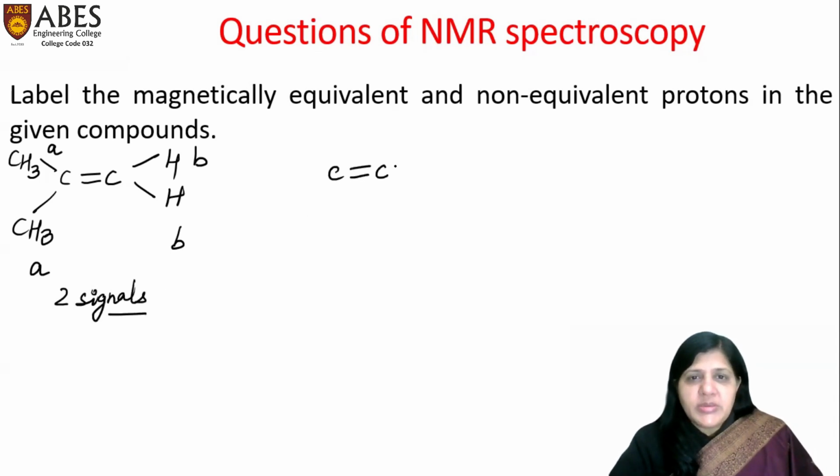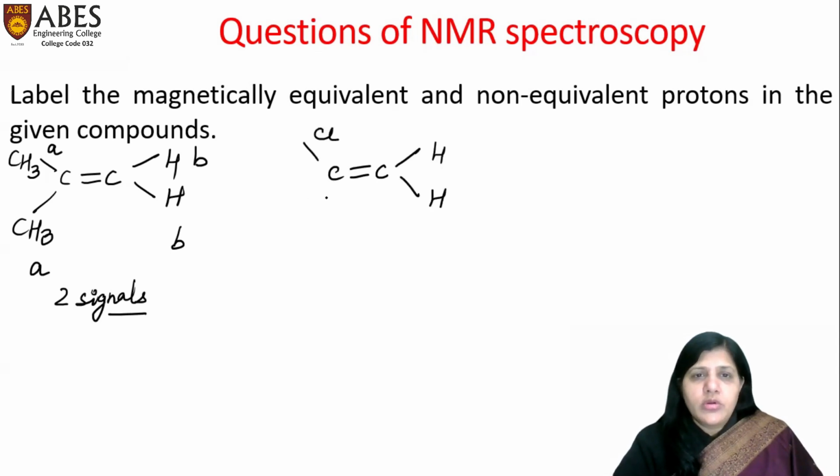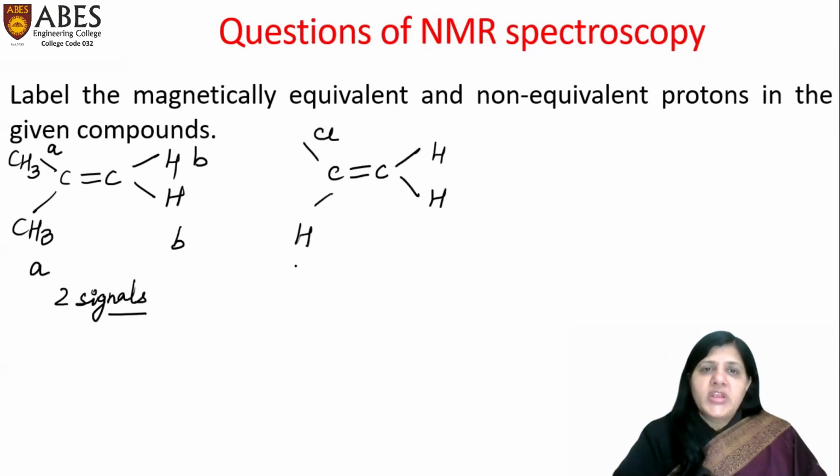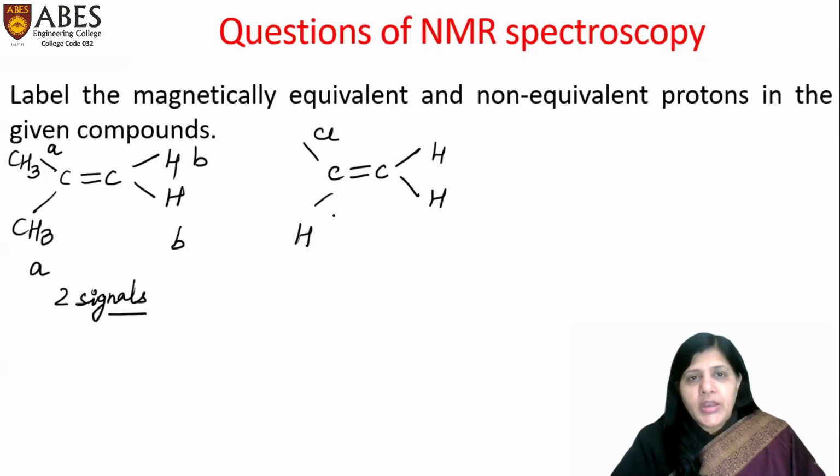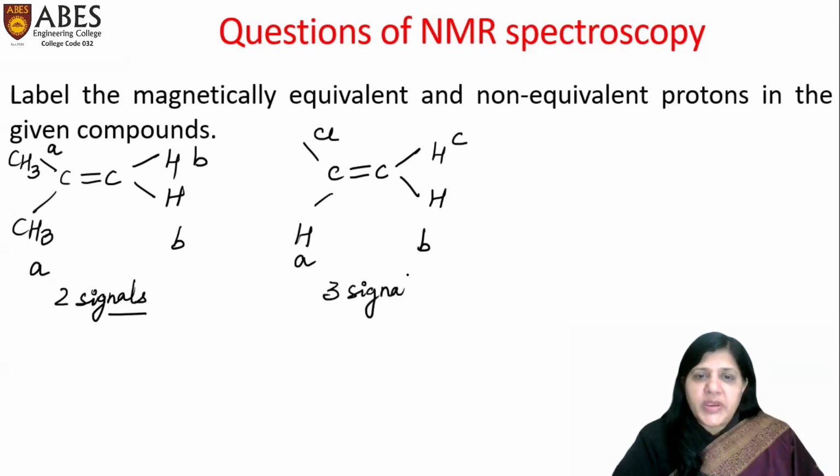Another example similar to this, here we have the molecule with chlorine substitution. Now, due to the presence of this chlorine, the electronic environment is not similar. Now, all the three hydrogens are not identical and they are A, B, and C. This molecule will show three signals in NMR spectrum.